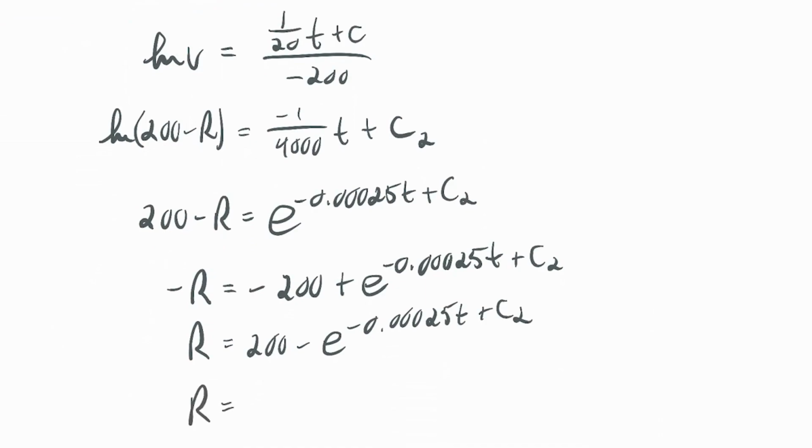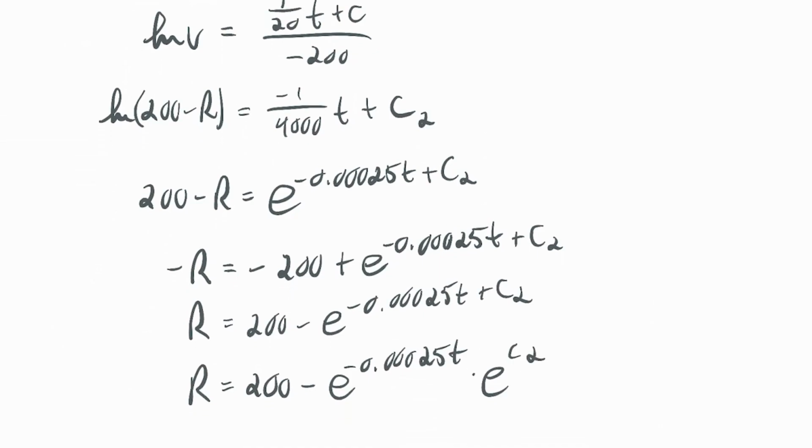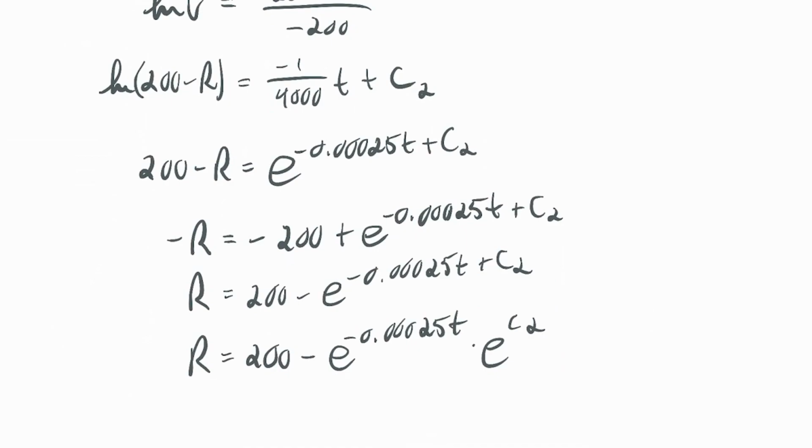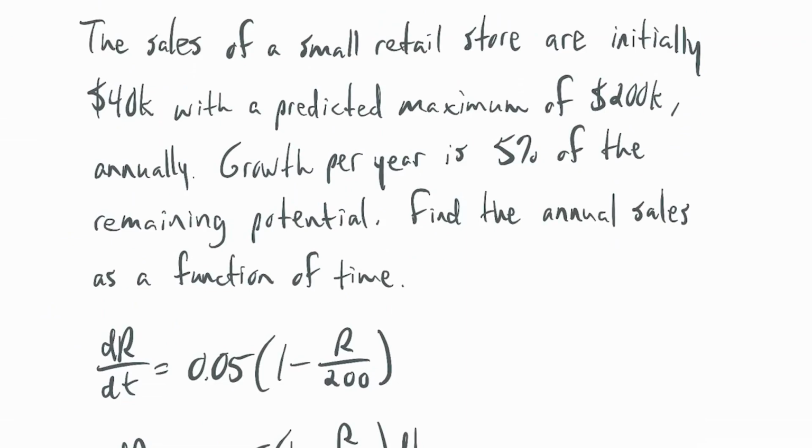What I can do is write this second term by separating the exponents into two factors. So 200 minus e to the negative 0.00025t power times e to the c2 power. This is some constant we don't know yet. We're almost done here. I need to go back to the initial revenue, which was $40,000. I mentioned but didn't mark that this is in thousands of US dollars.